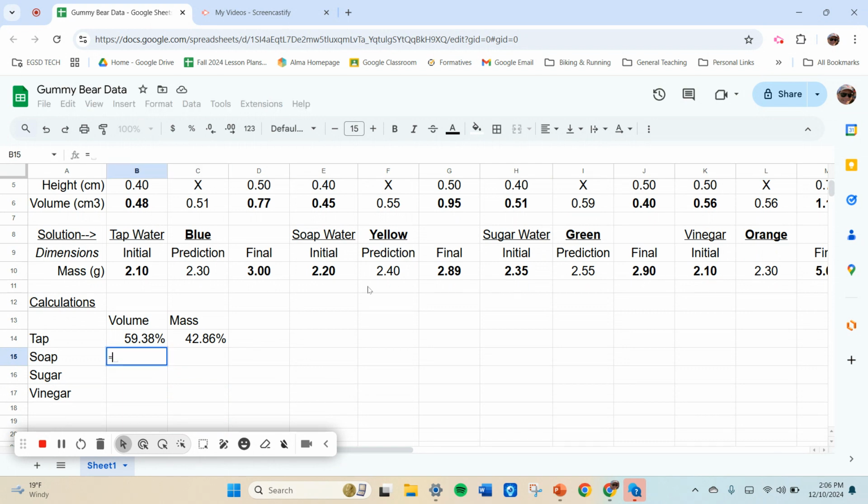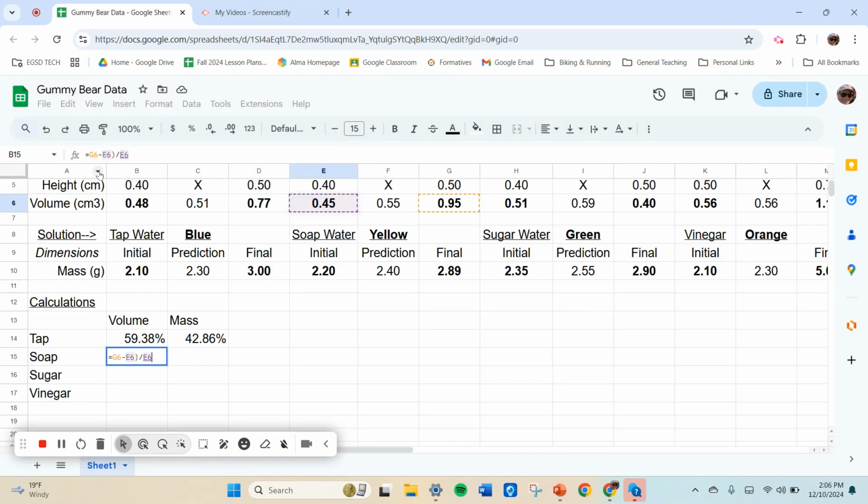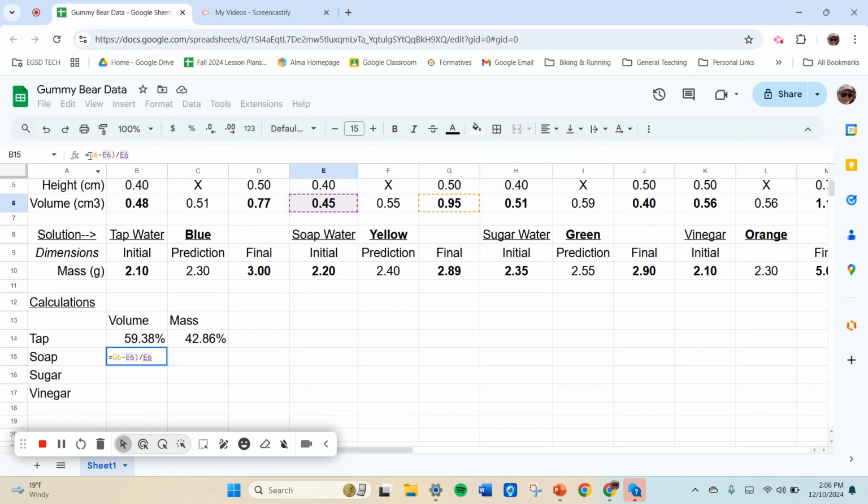Soap equals final minus initial, divide by initial. Whoops. Too many parentheses. I can fix that. Go to my formula bar. Look, I'm missing a parenthesis right there. Click it, parentheses, return. Equals.